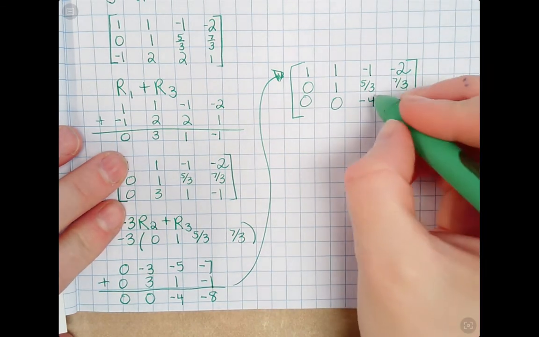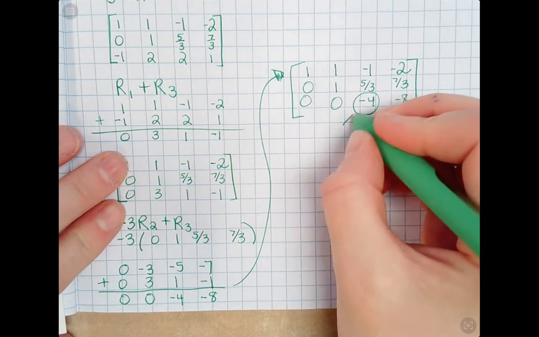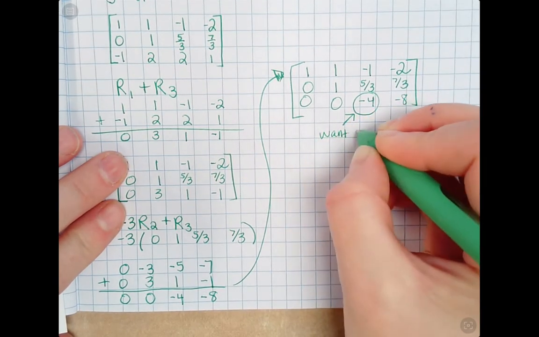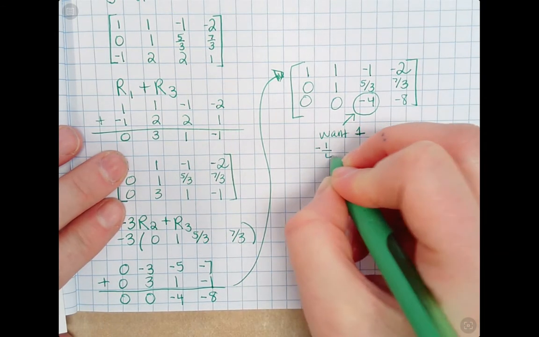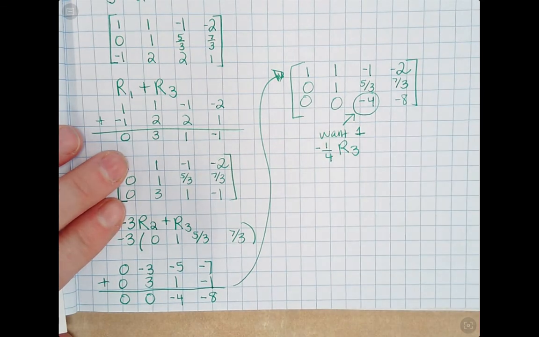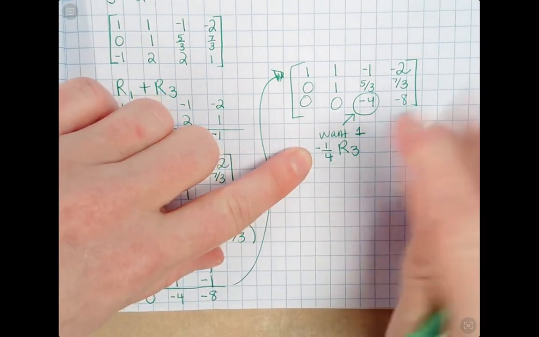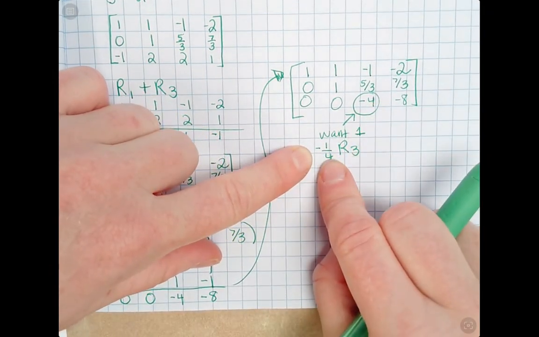So our last goal is to have this. We want it to equal 1. What needs to happen to -4 to make it a positive 1? We need to do 1/4 of it, negative, because negative and negative would make it positive. So we're going to do -1/4 of row 3. Because what happens whenever I do -4 times a -1/4?